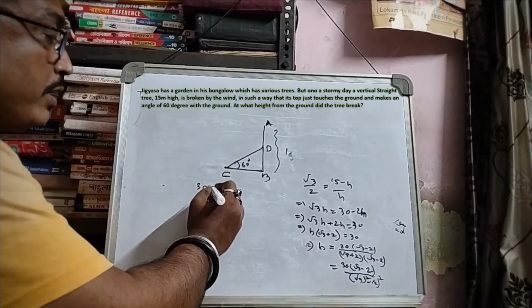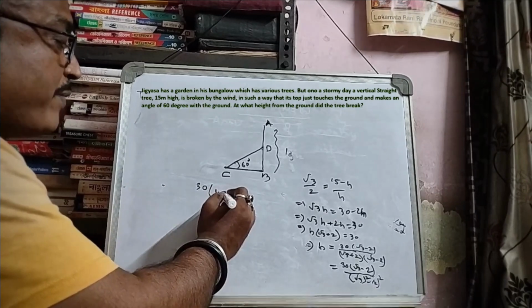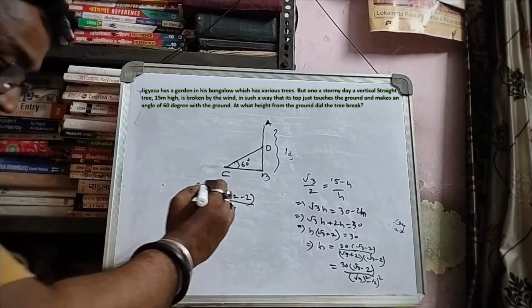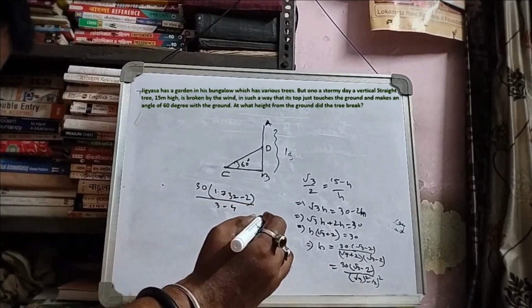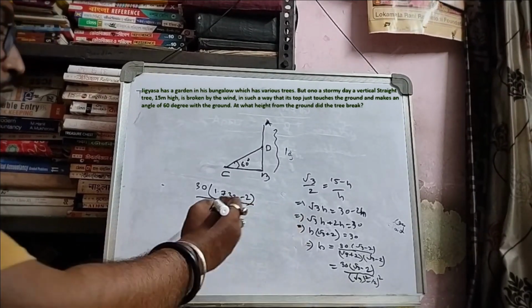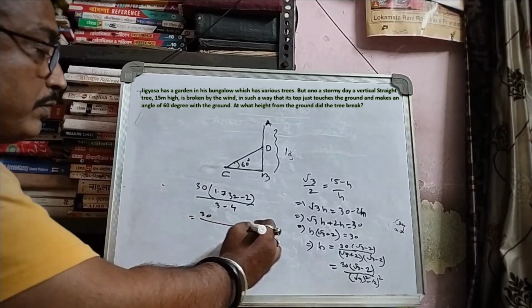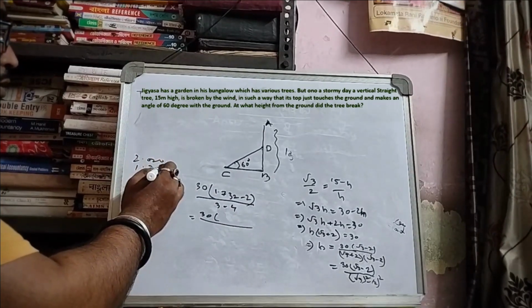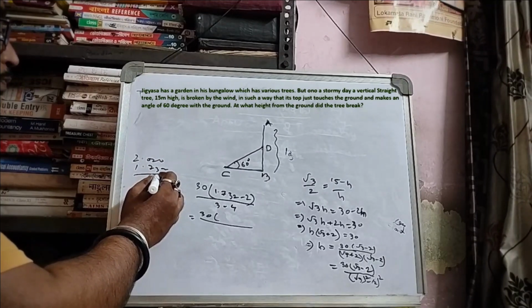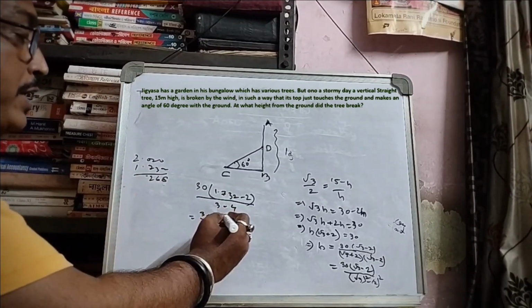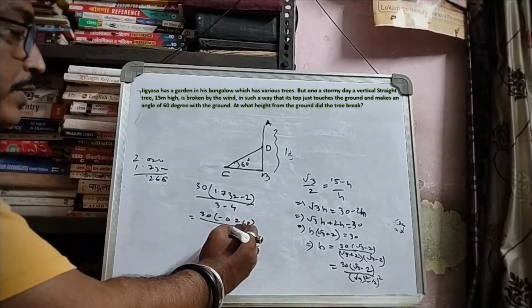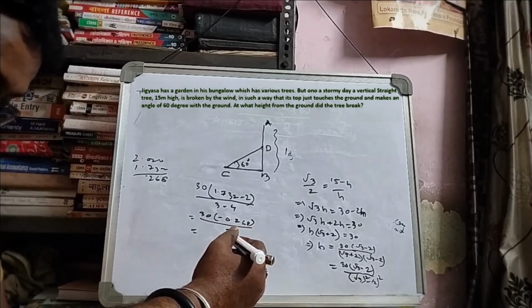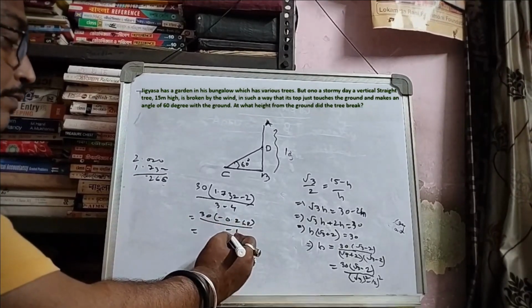Thirty √3 means 1.732 minus 2, 3 minus 4, if we subtract it, it will give the value 0.268 by -1. We will multiply this by 30.